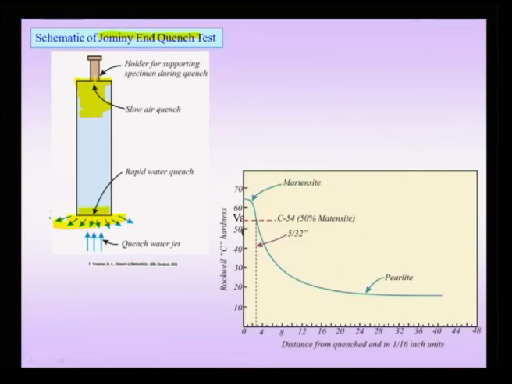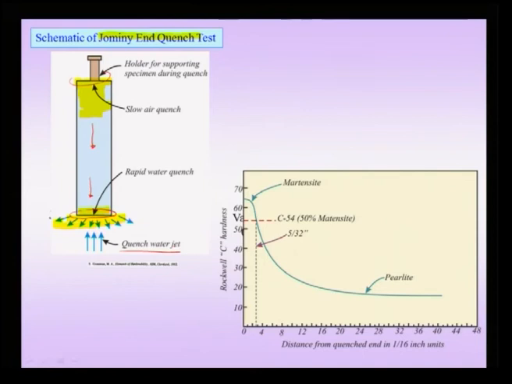All the heat is extracted from the bottom, so heat has to flow from top to bottom. This end directly feels the quenching medium, while this end is only air cooled, and therefore heat has to flow from top to bottom and be removed by this water jet.